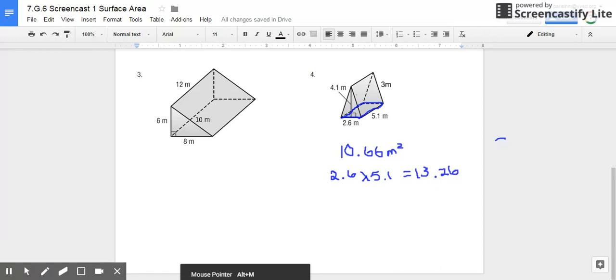My next rectangle, let's look at the one that's on a slant facing like the back corner. So if we look here, we need to know that bottom side. If we look across from it, we see the 5.1.